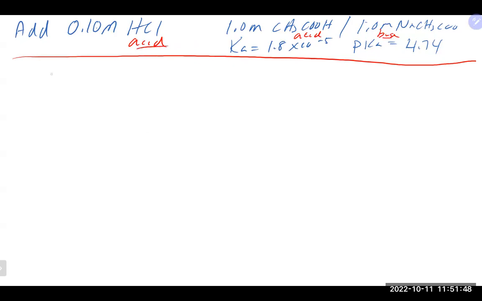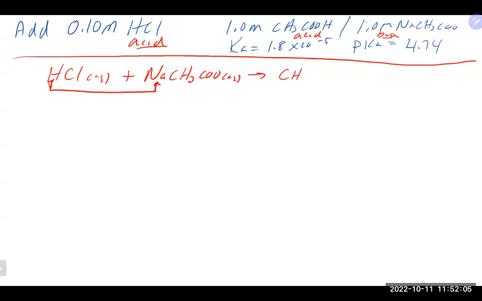The reaction that we will get will be HCl reacting with a little sodium acetate, and we're going to get basically a double displacement reaction where these two guys switch places. That's going to get you acetic acid and a little sodium chloride action happening here.